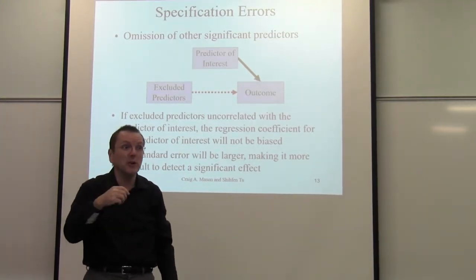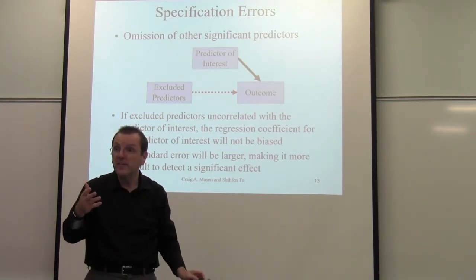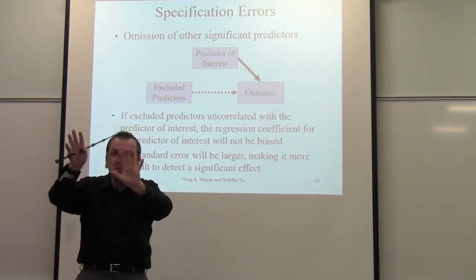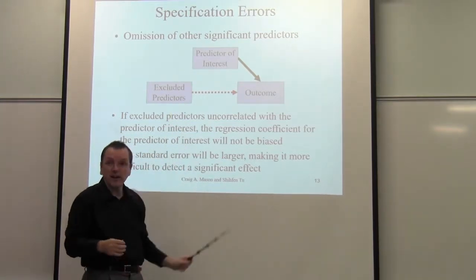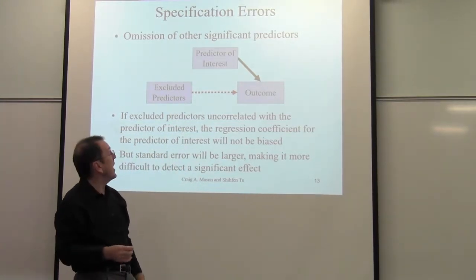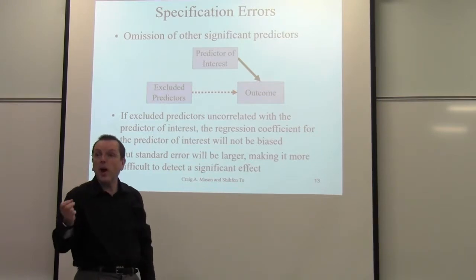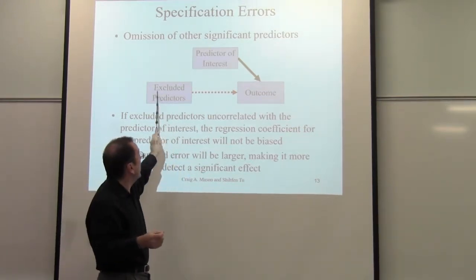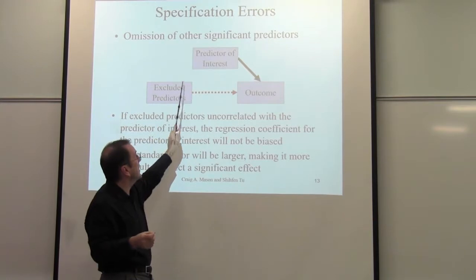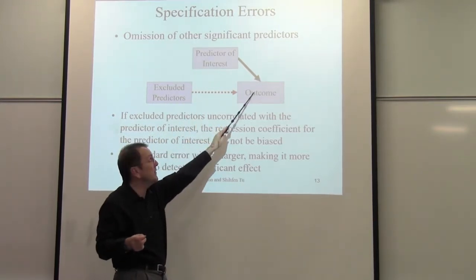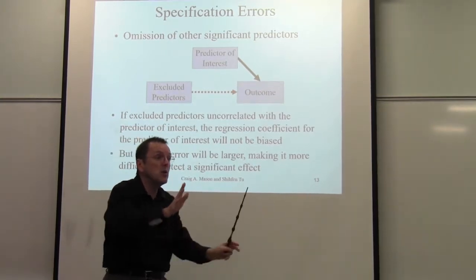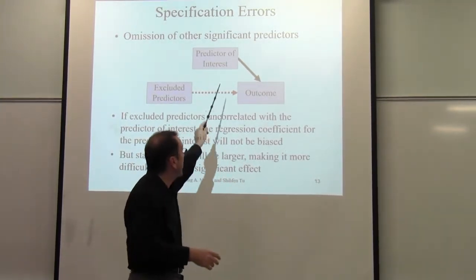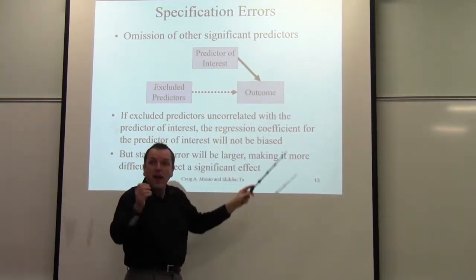That's why we like random assignment and equally balanced cell sizes, to help make sure things are uncorrelated. So he's absolutely right that a predictor that is not a common cause, even if it's related to the outcome, you don't have to worry about if you don't include it, because it won't bias this regression coefficient.